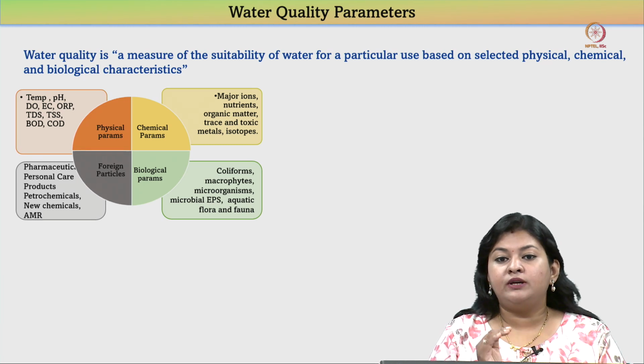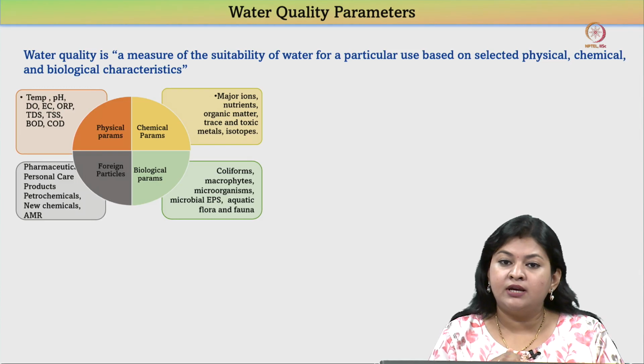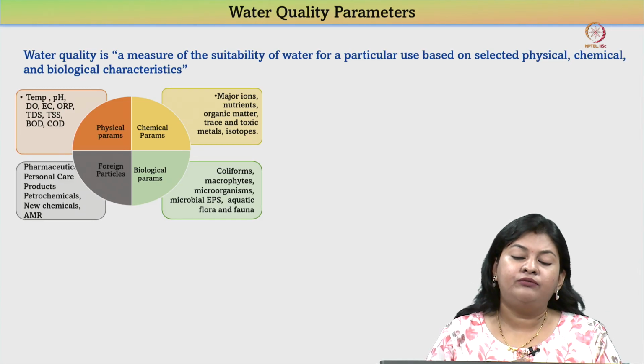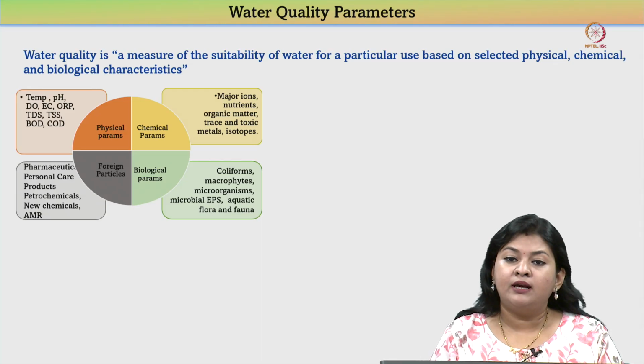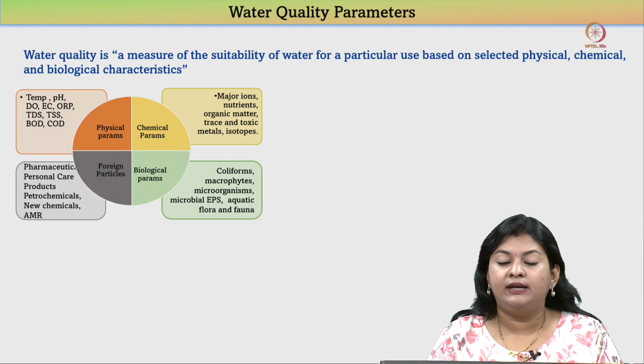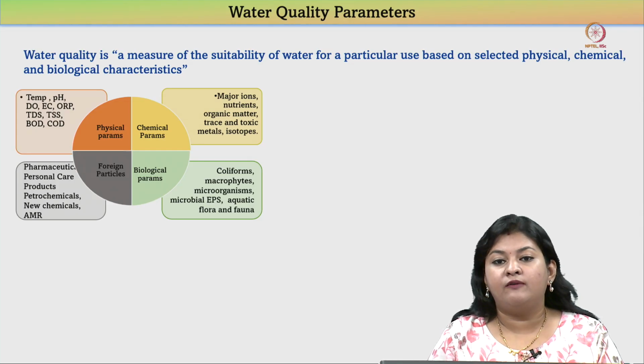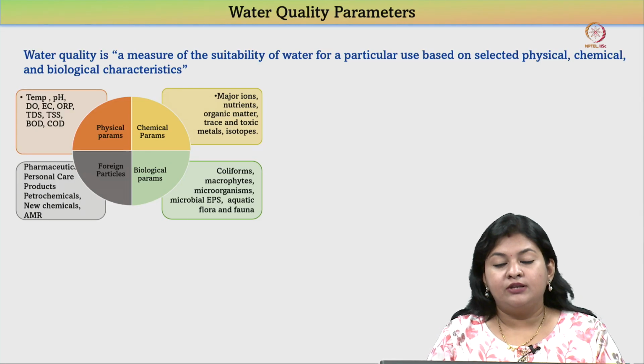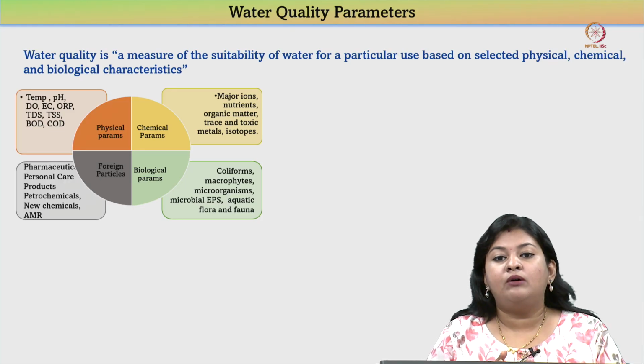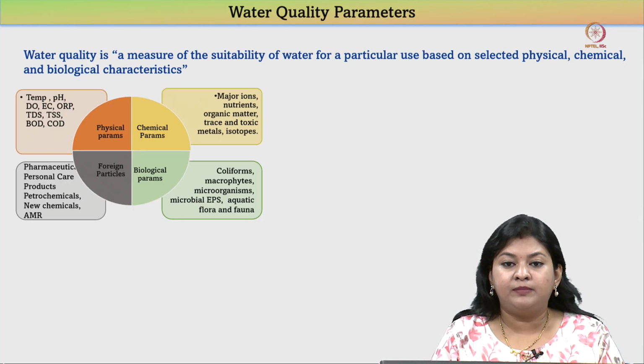If it is in that range, you can drink it, and if it is above a range which is harmful for our body, you have to treat that water. You have to bring it to a level where it is no more harmful to your body, and then you say, now this is our drinkable water.